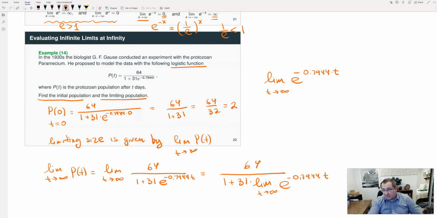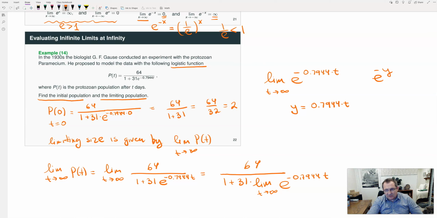Well, one way to think about it is to redefine the variable. So in particular, we can say, well, let's introduce y, which is equal to 0.7944 times t. With that notation, that exponential can be replaced as e raised to negative y.